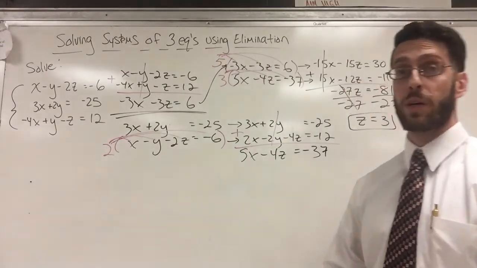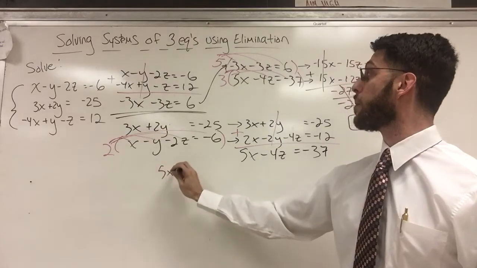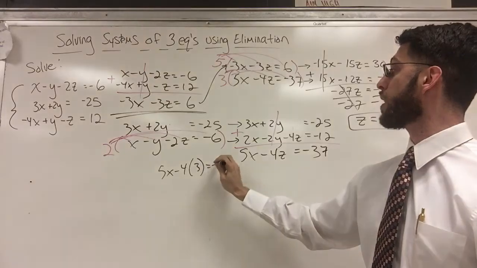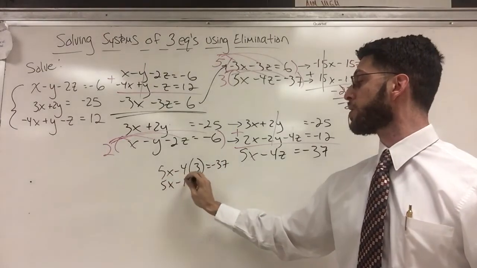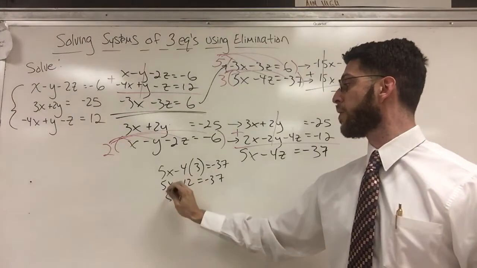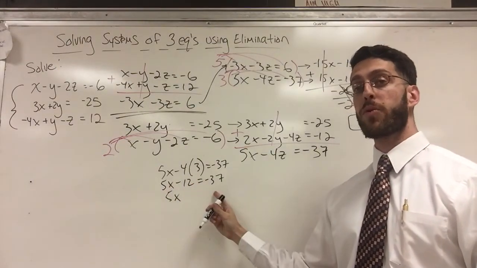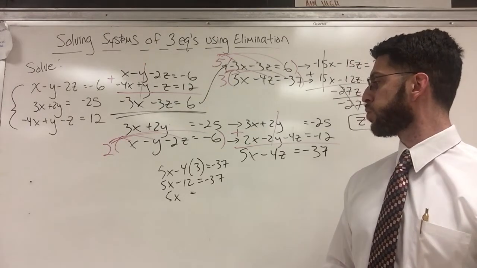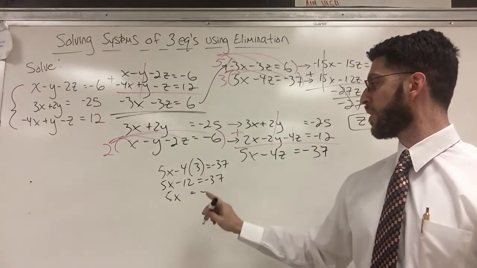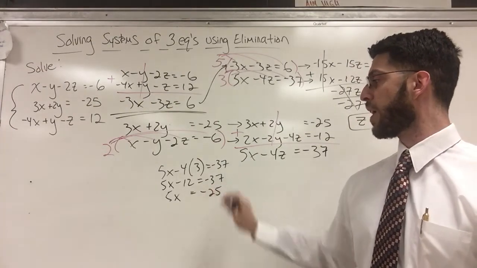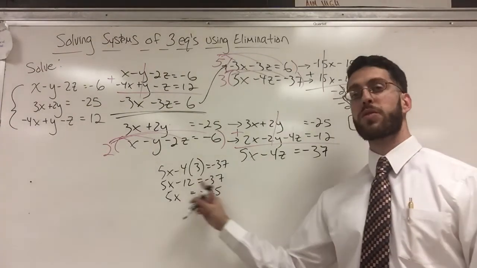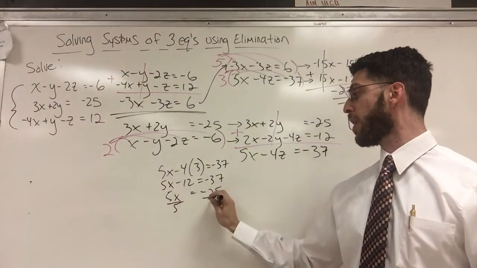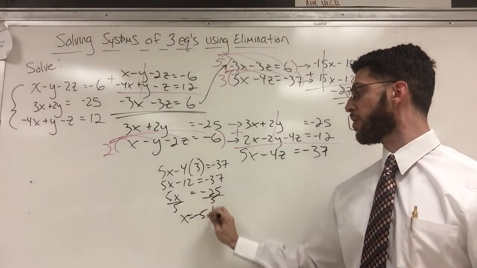So again, I'm going to write small. 5x minus 4 times 3 equals negative 37. So 5x minus 12 equals negative 37. If I add 12 to both sides, 5x equals negative 25, because negative 37 plus 12 is negative 25. Divide by 5, divide by 5, x equals negative 5.